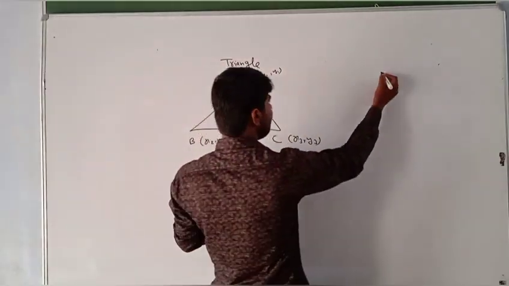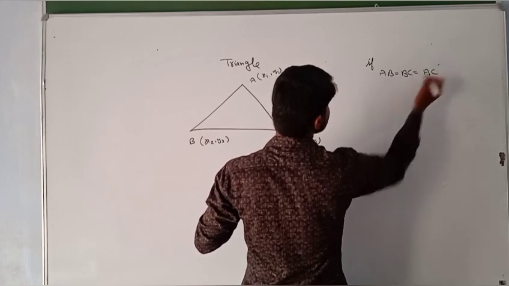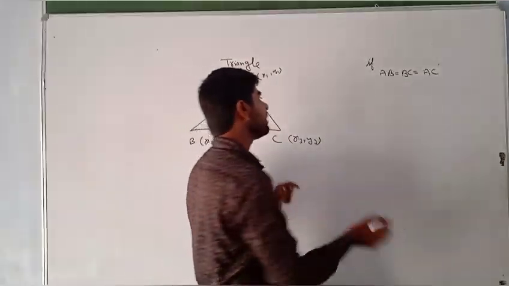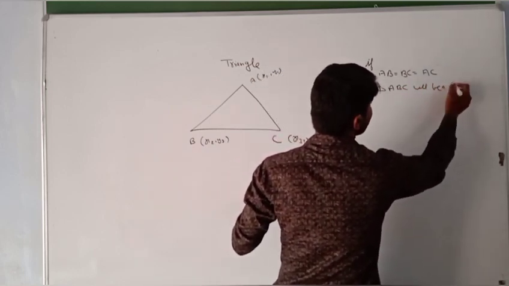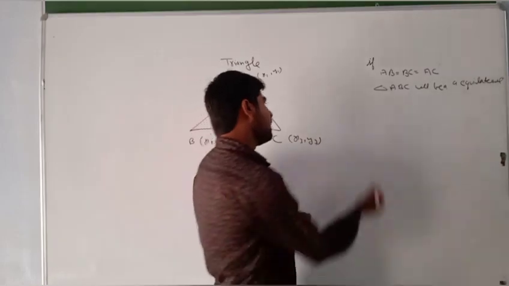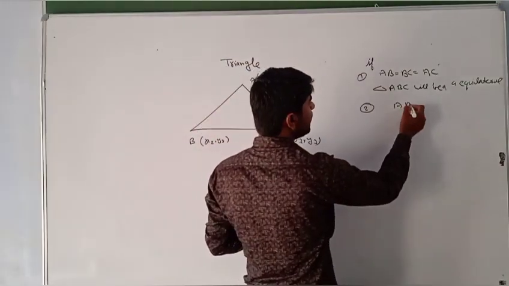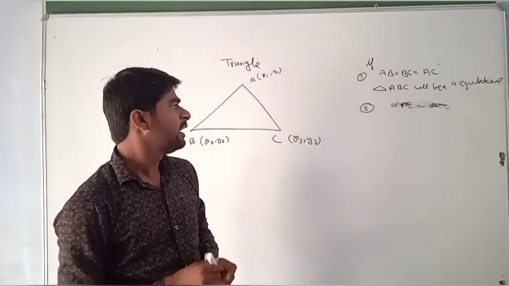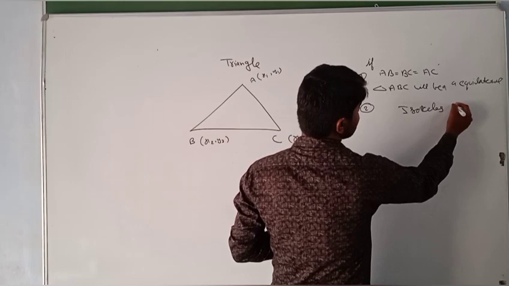First of all, if AB equals BC equals AC, meaning all three sides of the triangle are equal, triangle ABC will be an equilateral triangle. If any two sides are equal, meaning AB equals BC, or maybe BC equals AC, it is an isosceles triangle.